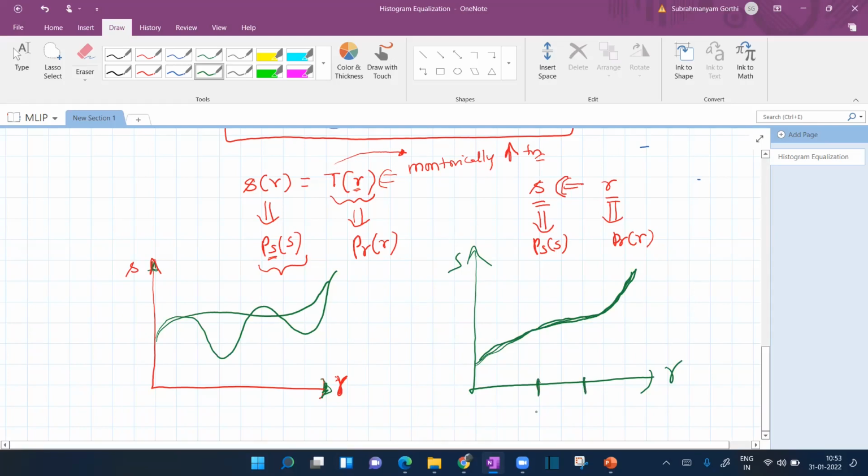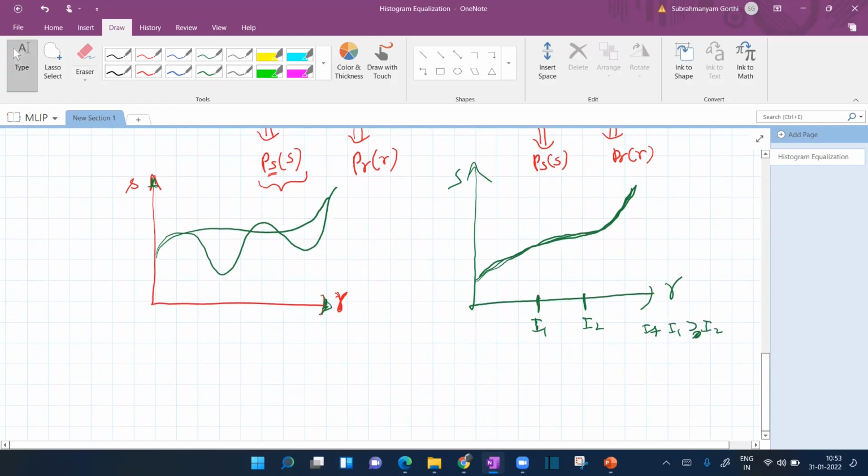Consider intensities I1 and I2. If I1 is greater than I2, what is guaranteed is this is getting mapped to something here, this new intensity to something here. Let's call these I1 prime and I2 prime. What is guaranteed is I1 prime is greater than or equal to I2 prime. This is called a monotonically increasing function.